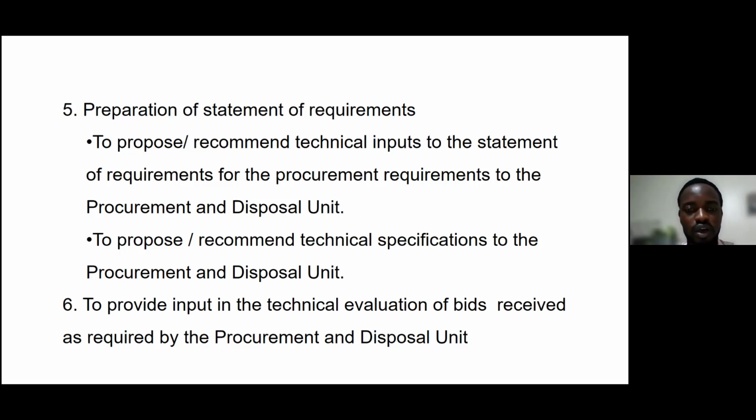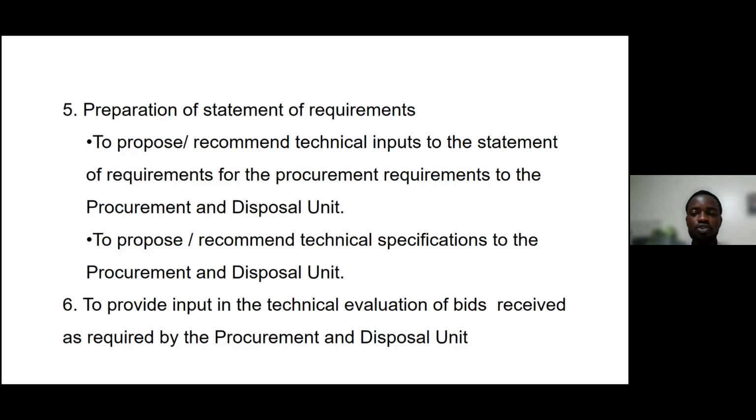So when we go ahead again, the user department is supposed to provide technical specifications to the procurement and disposal unit, considering the fact that they are the technical team and they are best placed to guide on the technical aspects of the procurement.